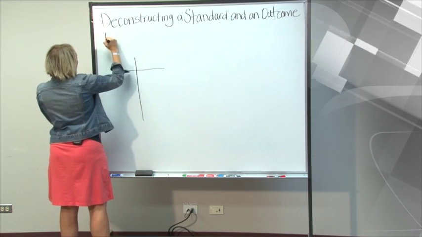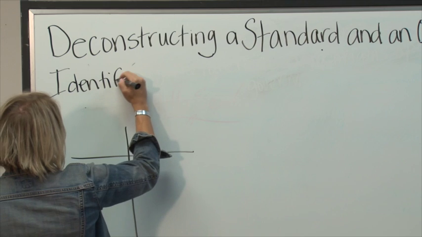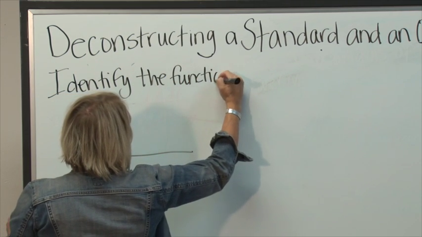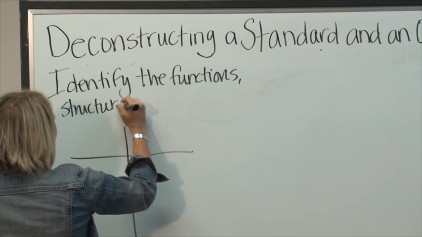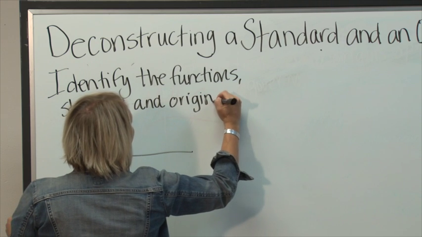So we're going to be talking about what students need to be able to do in order to identify the functions, structure, and origins of local government.